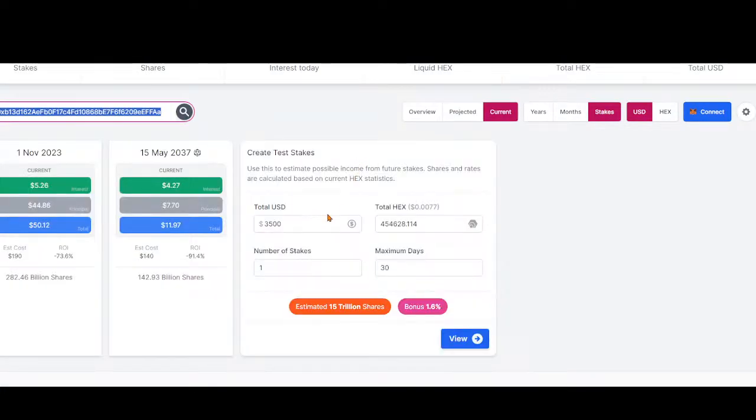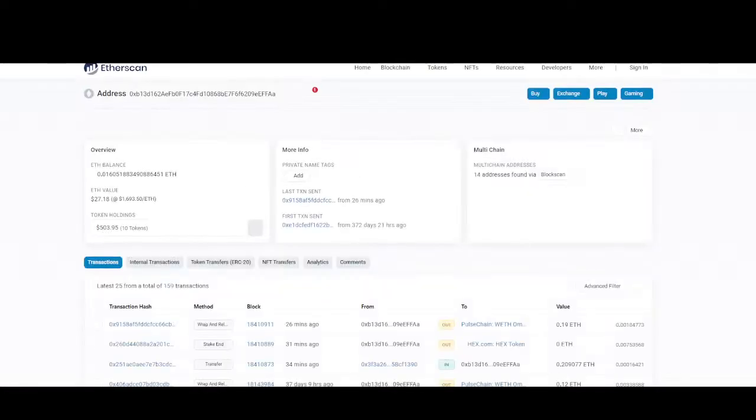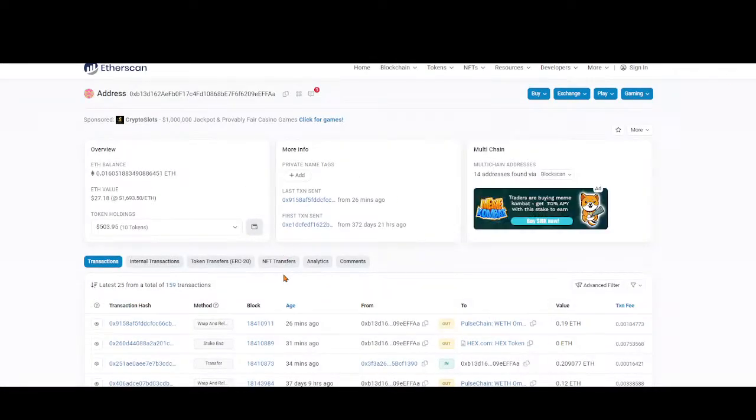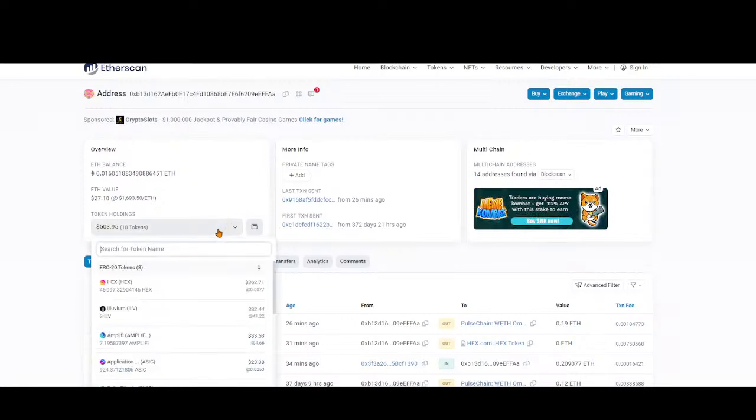Now, again, we can see, if we go into Etherscan, I should have put that up earlier, we could have a look at the particular address. And we can see here the total holdings.